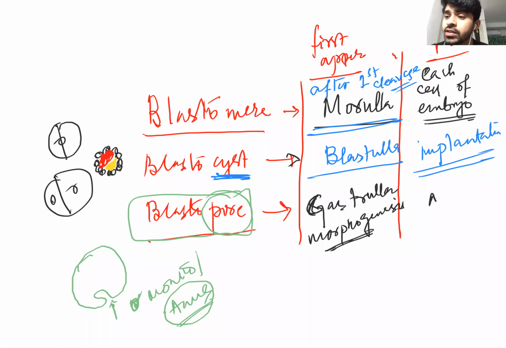This pore will form the mouth or anus. So whatever I have written on the chart, each and every line and point is an MCQ. Please remember these things. You need not remember MCQs from the gastrula stage, but you should at least remember what blastopore is, because this is equally important in your animal kingdom. That's why they might ask this question.